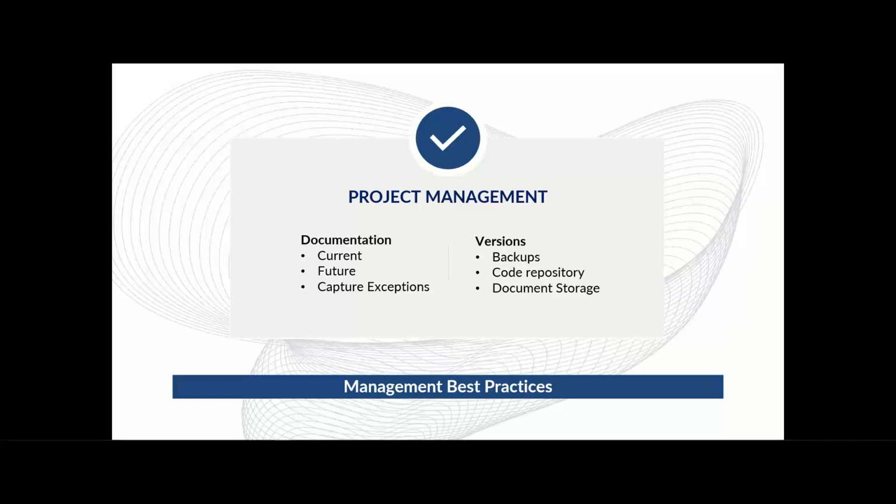So when we talk about the current system, now we're talking about the future state. And how are we going to get there? If it's a new implementation, how are we going to get from where we are to where we need to be? If it's an upgrade, how are we going to do that, right? What are the steps in between? Who are the people that need to be involved to help us get there?